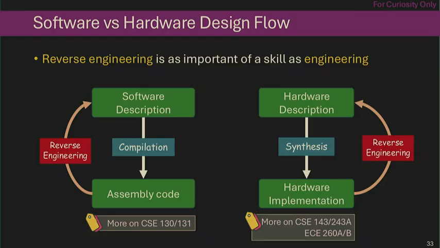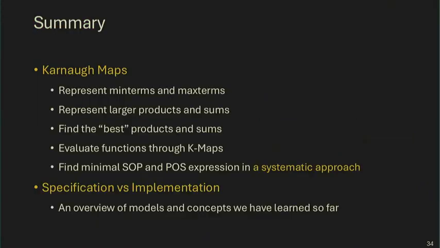In other words, engineering is the implementation task, and reverse engineering is the analysis task. Both are very important engineering problems, and for both software and hardware you need to be comfortable with both to do debugging, analysis, and optimization. That's why we go in both directions, to implement but also analyze with the help of truth table, K-map, and expression. So that's everything for today.